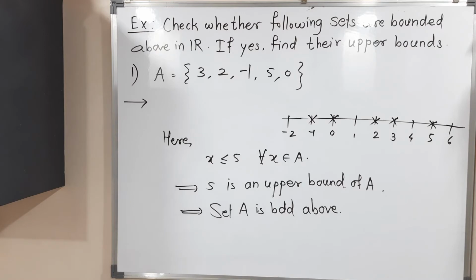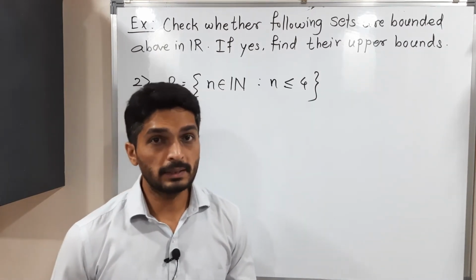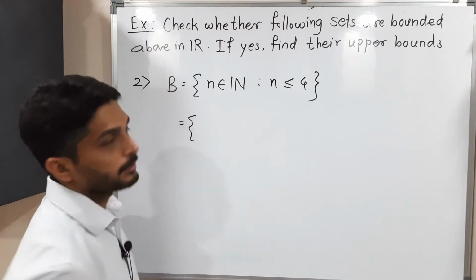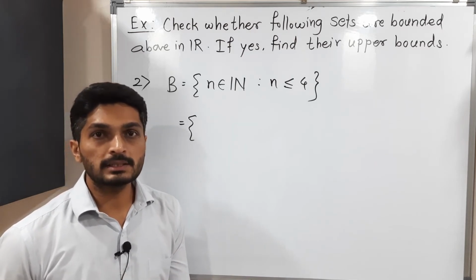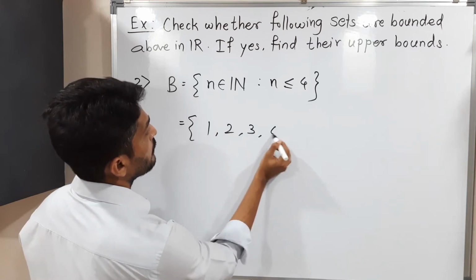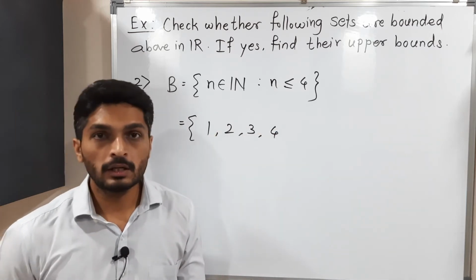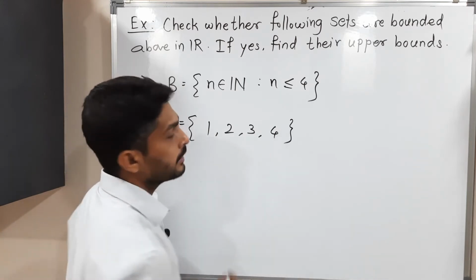Let us discuss the next example. In this second example, set B is given. It contains all natural numbers which are less than or equal to 4. You know that natural numbers start at 1, so natural numbers are 1, 2, 3, 4, 5. But we cannot go for 5 since they clearly mentioned our natural number should be less than or equal to 4. So it has only 4 natural numbers.